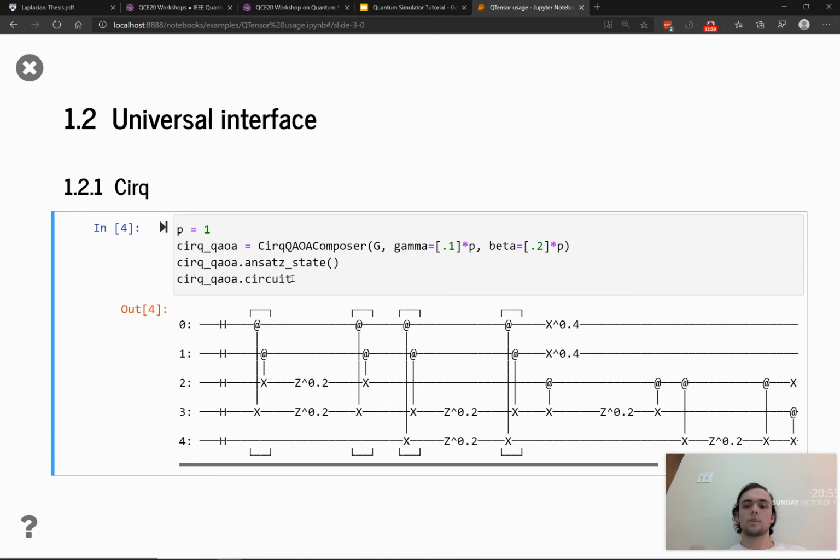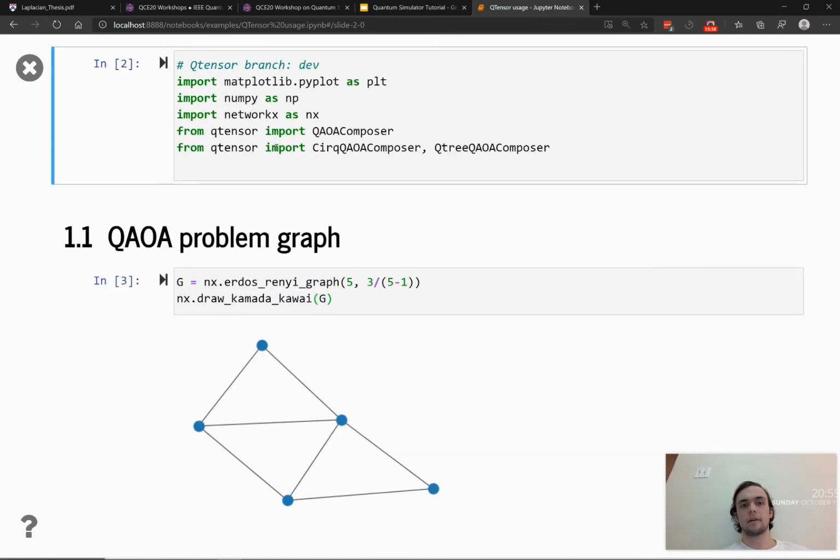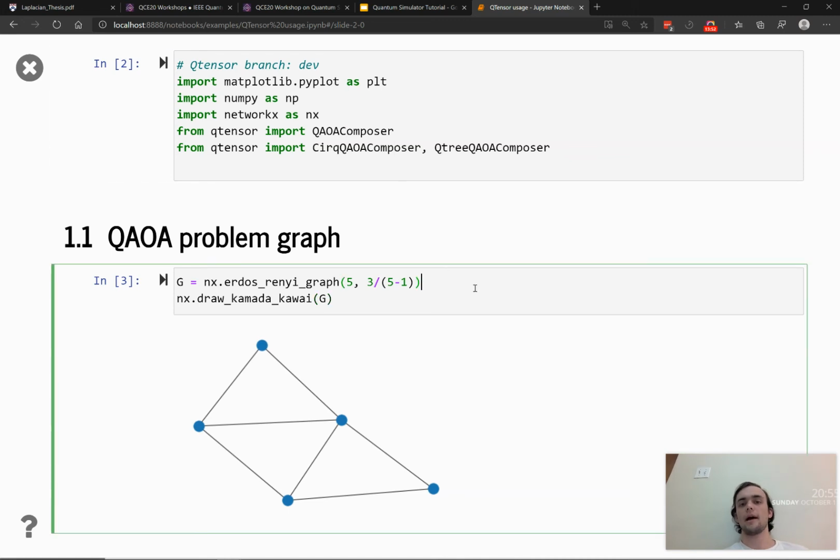QTensor provides a universal interface for building circuits. For example, here we imported from QTensor the Cirq QAOA composer and Qiskit QAOA composer. These are all classes that inherit from the QAOA composer, and they are very similar.